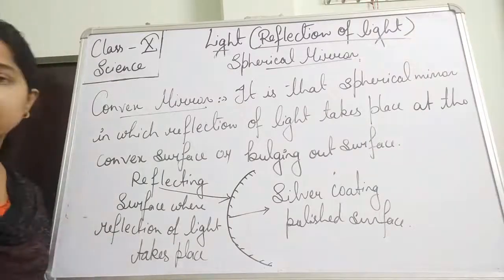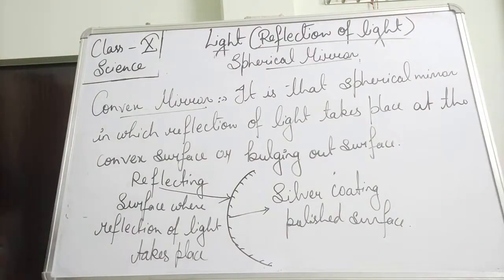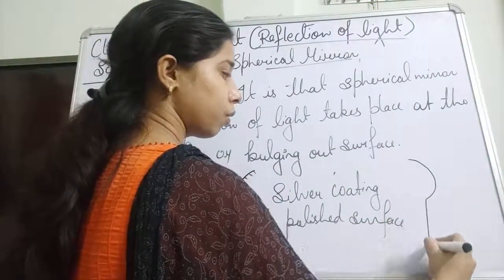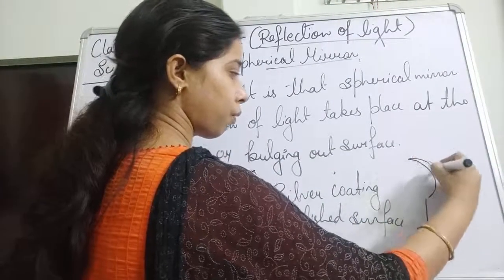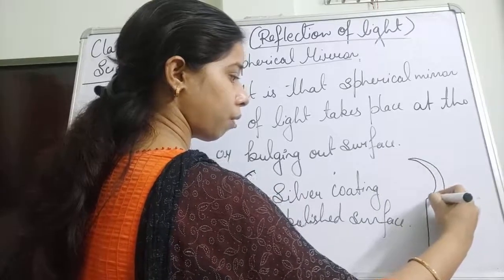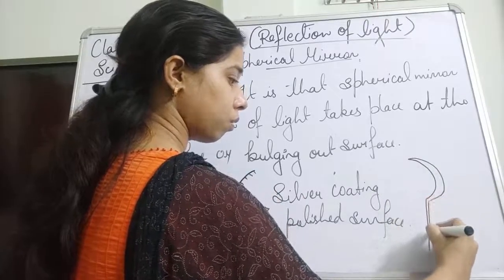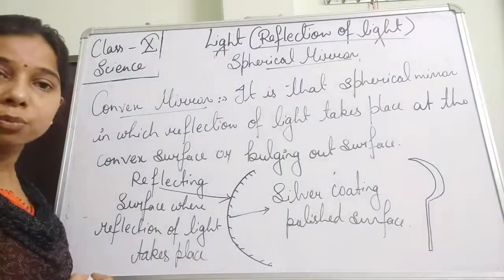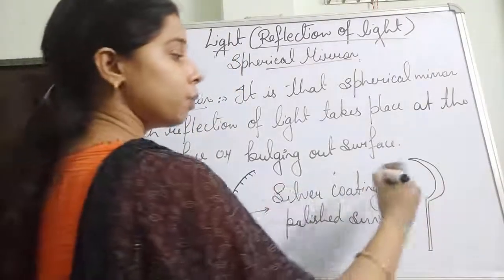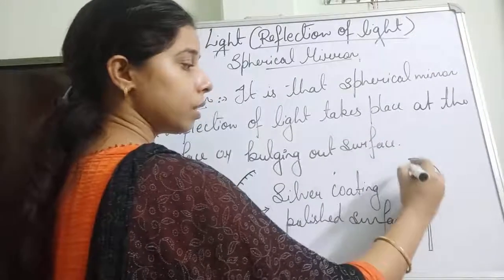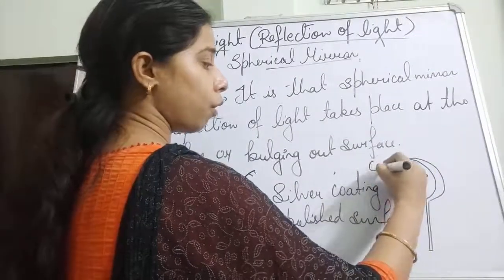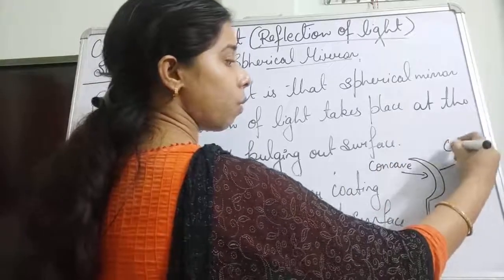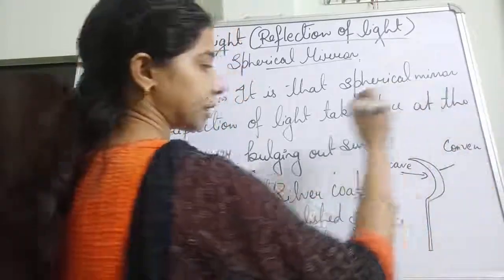When you look at this spoon, students, what kind of structure will you find in it? This is the structure of a spoon. In this spoon, this surface is that of the concave mirror, and this surface is the convex.